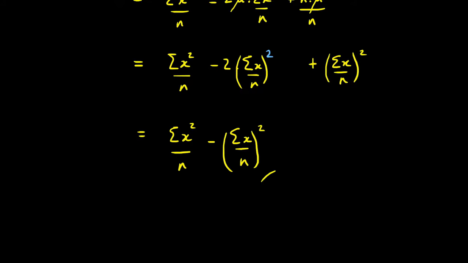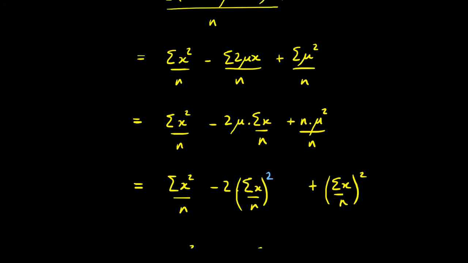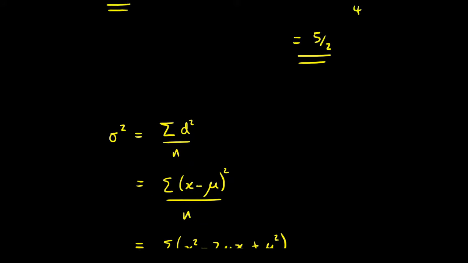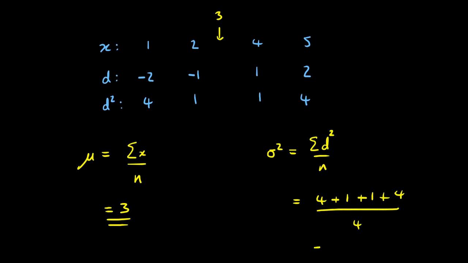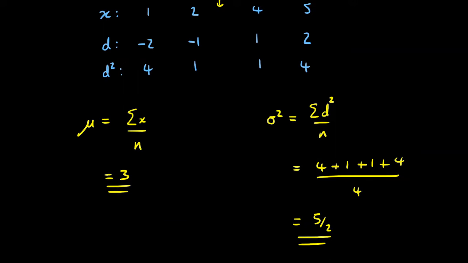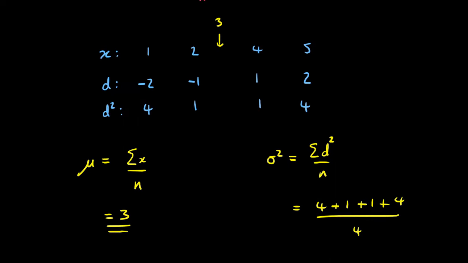And that's why we end up with the formula for the variance that you're mostly familiar with: the summation of the x squareds divided by n, minus the mean, sigma x upon n, squared. Okay, so that's where the formula is coming from. But what I hope you see is the core idea of the variance: the variance is saying, let's find the mean of the distance squareds.